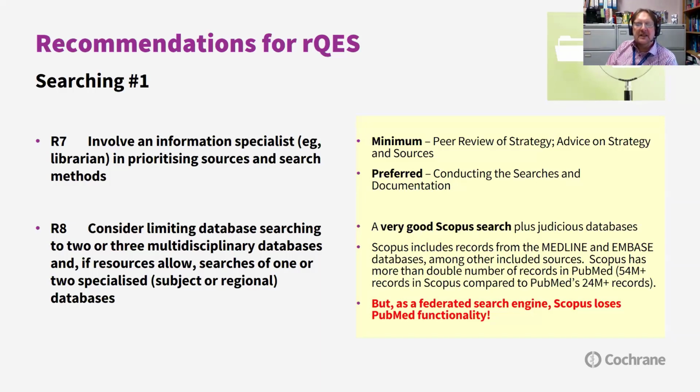The idea of searching a limited number of databases is still an area that people approach with caution because of the systematic review background, but there is empirical evidence to suggest that as long as our search on a core database is very well designed, and very sensitive for that database, we don't need to have dozens of databases in order to provide good coverage.